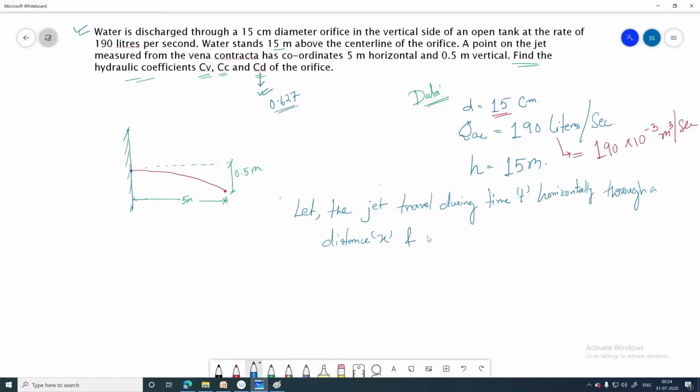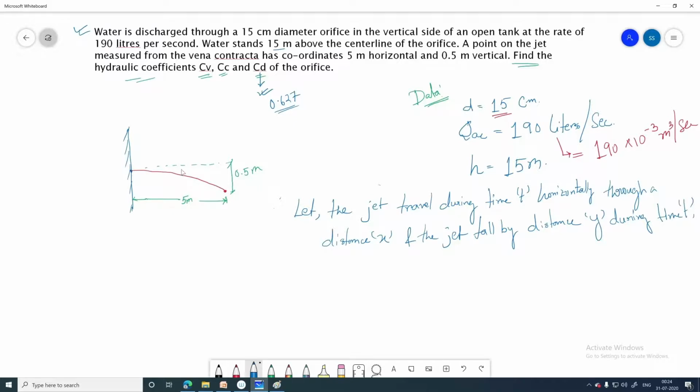So here we consider the jet falls by distance y during time t, rather you can say.